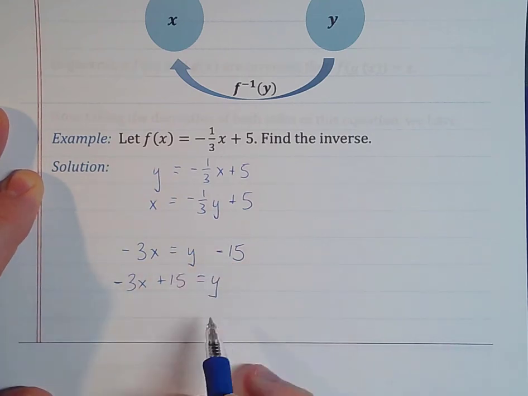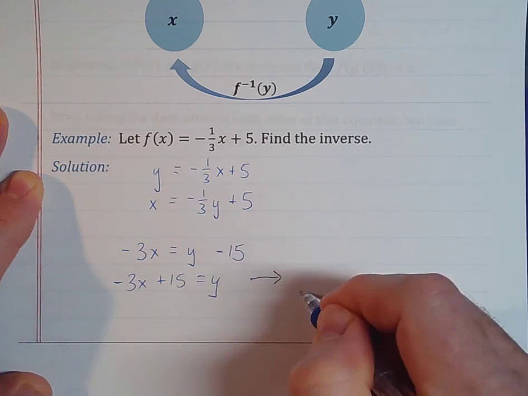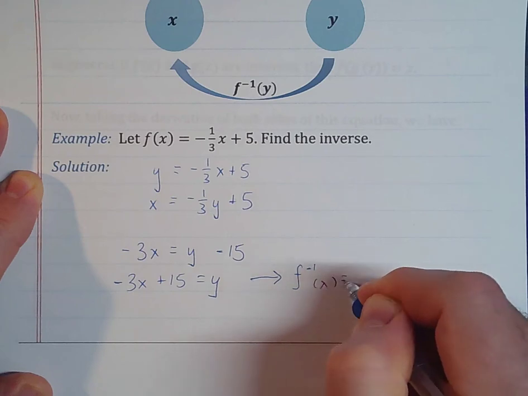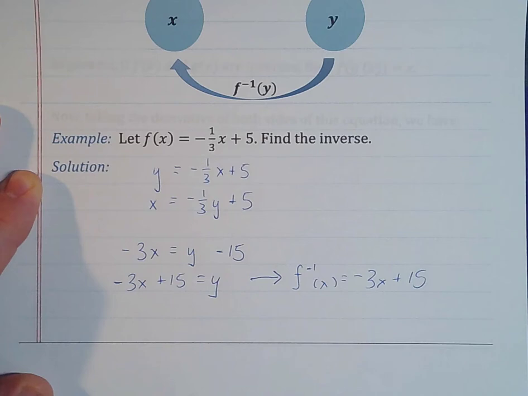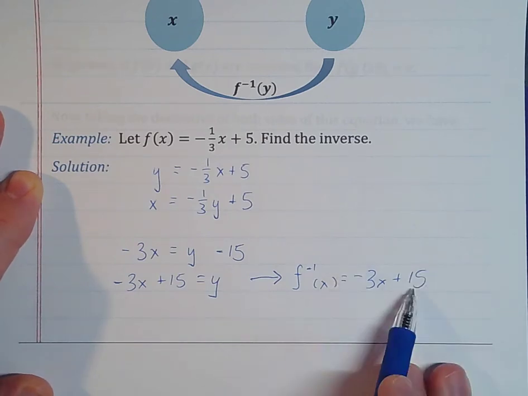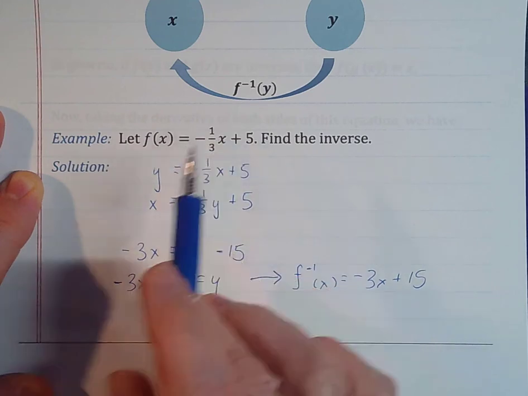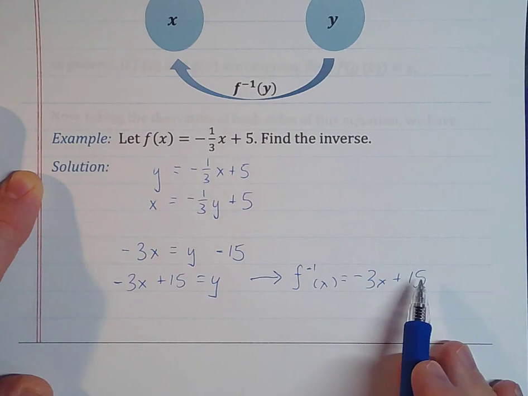And essentially, I found my inverse function here. I'm going to rewrite this using my inverse function notation: f inverse is equal to negative 3x plus 15. The claim is that this is the function that will undo what f does. So if f of x equals negative 1/3 x plus 5, then negative 3x plus 15 will undo that.